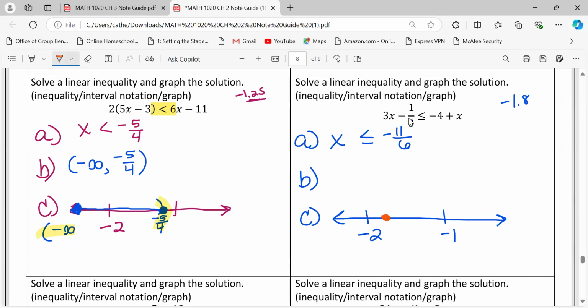All right, so we look at the inequality symbol, it points in the direction we need to shade. So we're going to shade to the left. And again, to the left is negative infinity, which always has a parenthesis. Looking at this inequality symbol, there's a line underneath it, so that means there's a bracket on the negative 11 over 6.